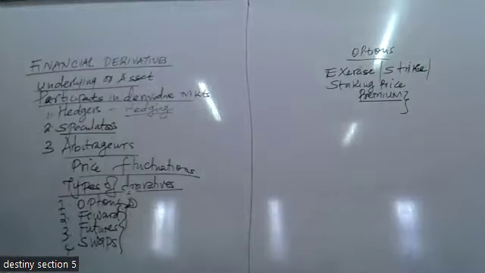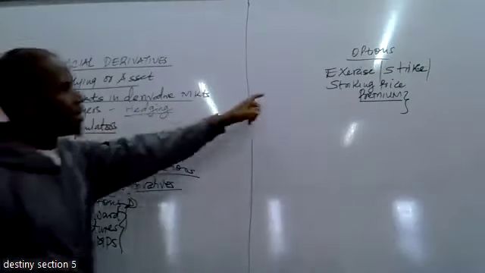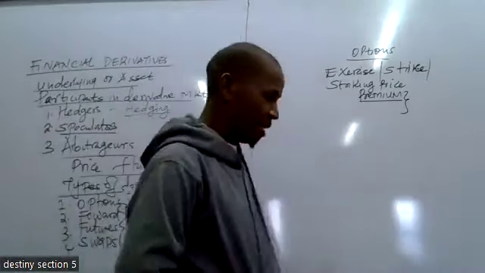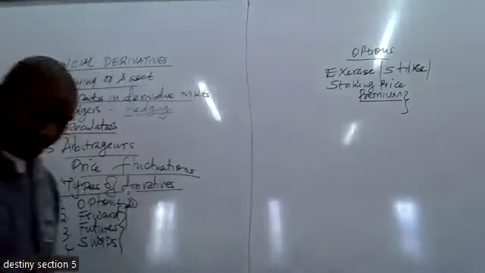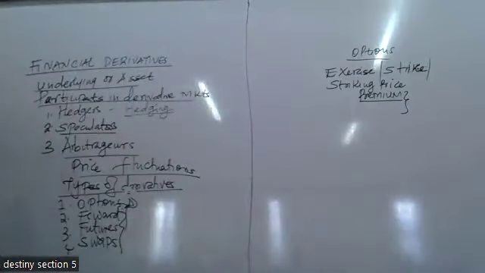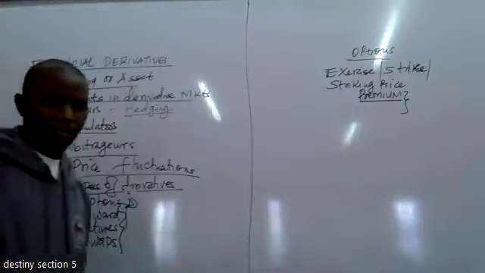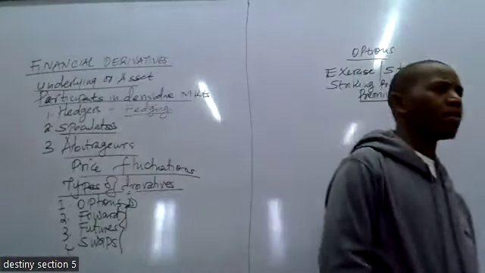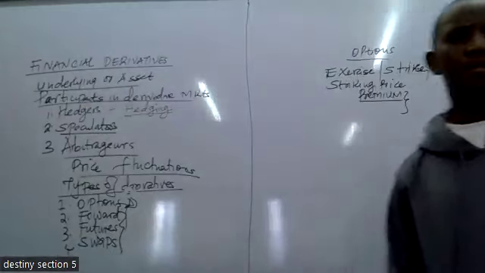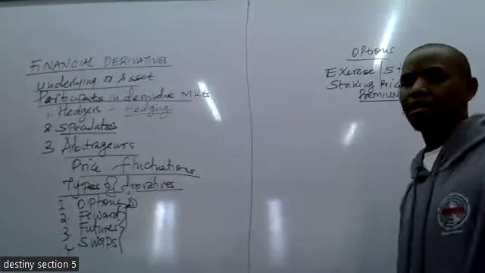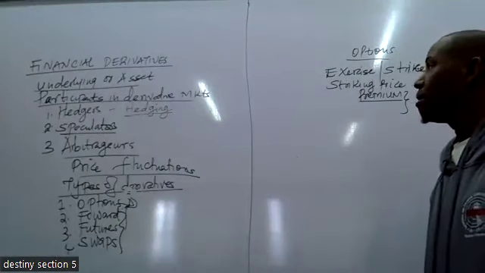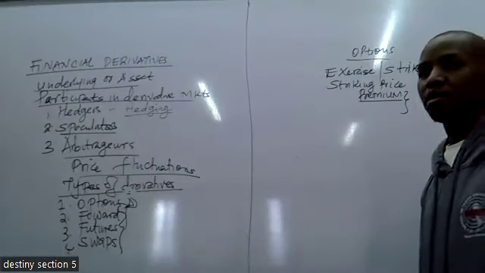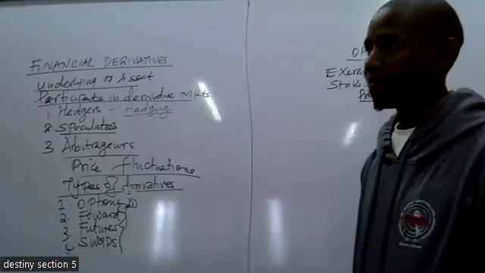So write and say the predetermined price is known as the exercise price, or the strike price. The strike price.